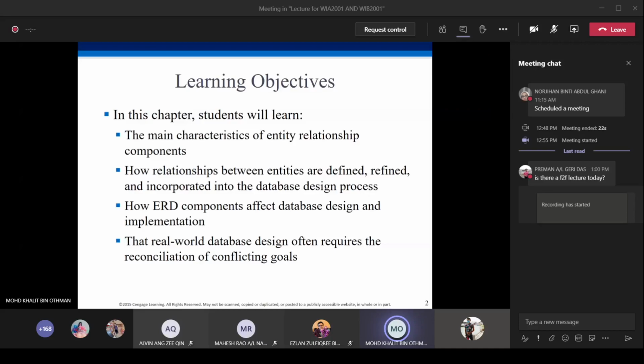The third one is how ERD components affect database design and implementation. The last one is that real-world database design often requires the reconciliation of conflicting goals, so you will learn about the challenges of database design.